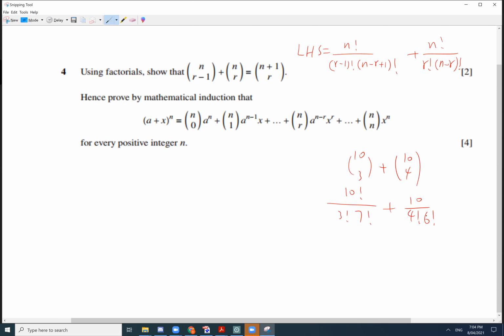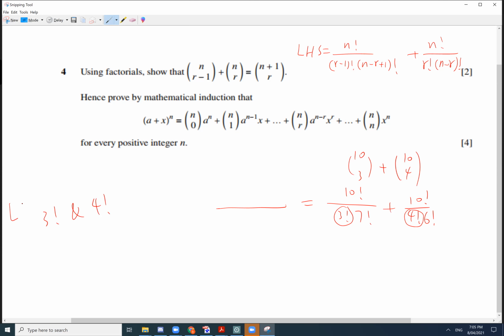If we try to make a common denominator, Charlotte, what's the common denominator? We try to add them up. For example, 3 factorial and 4 factorial.